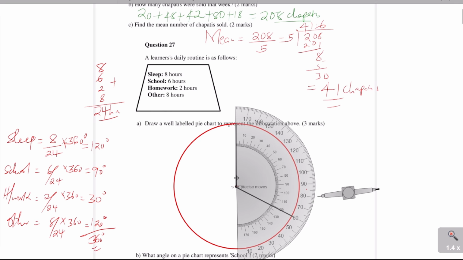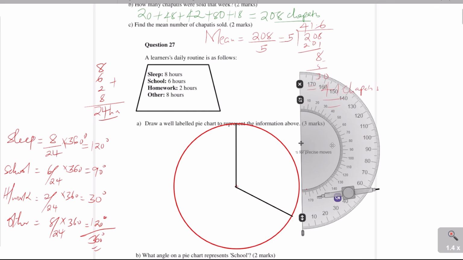So that is 120. So you can confirm these. So we measure these angles 10, 20, all the way to 120. So indicate this is 120 degrees.